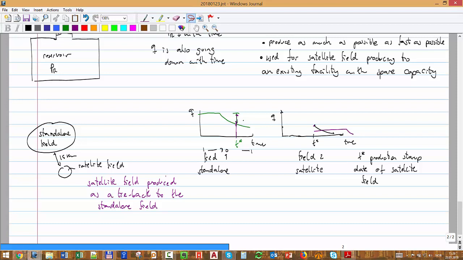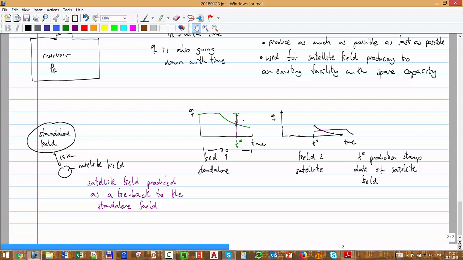I'm just a bit confused here, because if you tie into the existing facilities, you think you need some constant rate and not just control like wellhead pressure, because you are bound by the capacity of the other thing here. Well, for this field, for example, I say I produced it 20 years ago, and it has been producing with a constant rate, because I had to build its own platform, its own separator, everything new.